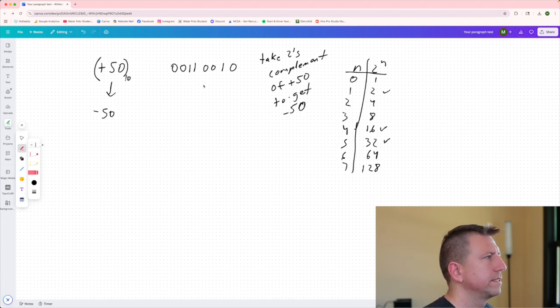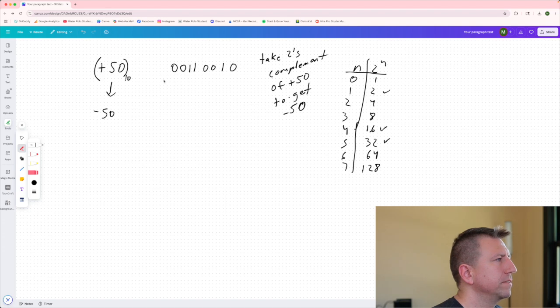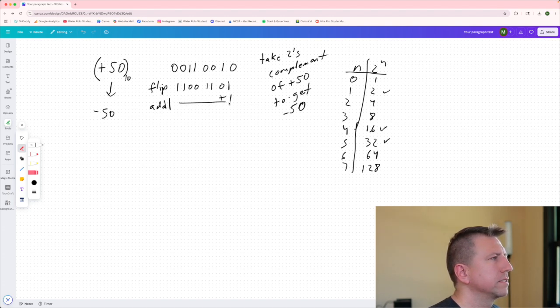So let's do that. If you remember the steps, we flip for the 1's complement. So we get 1, 1, 0, 0, 1, 1, 0, 1, and then we add 1. So this is going to be 1 and 1 here is a 0, carry the 1. So we get 1, 1, 1, 0, 0, 1, 1.